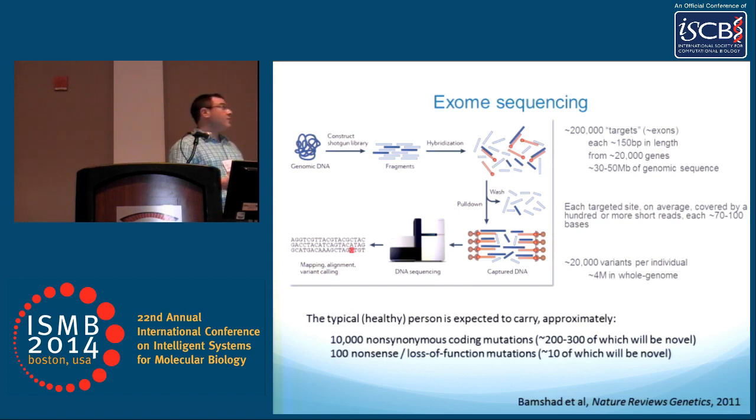So even though we're focusing on the protein coding portion of the genome, making the search space smaller, the neutral rate of variation is still pretty high. So even for mutations that we think have an impact, there's a large search space to look through, and it's basically a signal-to-noise problem. And we see that multiple times, both at the sequencing level, but also in the biological interpretation. It's something that we have to deal with, just because that's the way the data is.